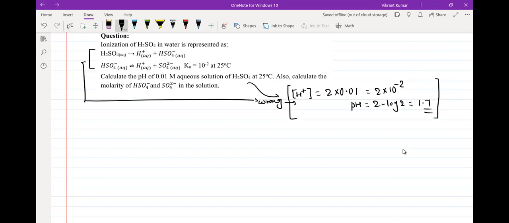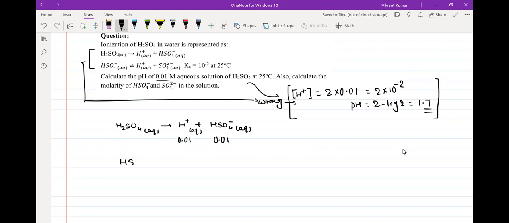So basically it says first step is not having reversibility. H2SO4 is giving you H plus and HSO4 minus. And in that we are knowing that we have got 0.01, तो ये 0.01 मिलेगा, ये भी 0.01 मिलेगा. It doesn't have any reversibility.